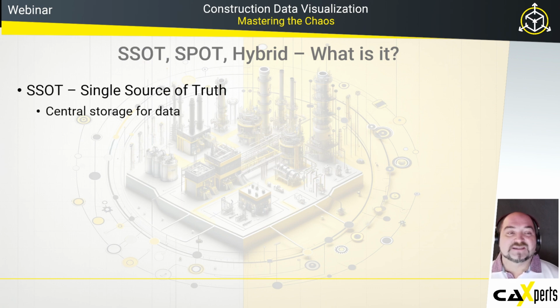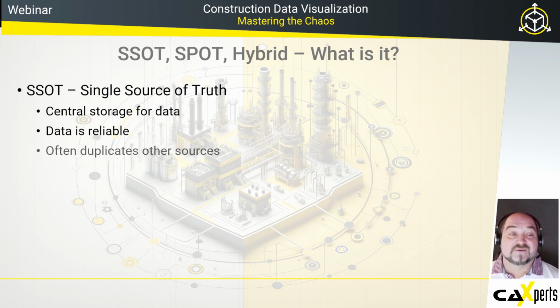So this means data is gathered in one central point where people can access this information, and there's no other source for that information. So the big advantage is the data we have is absolutely reliable. On the other hand, it means often the sources are duplicated. So basically, we're copying from various sources into one central storage so we can access it there.